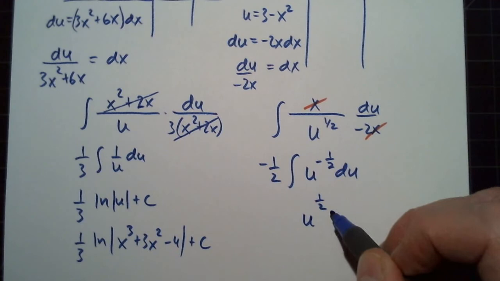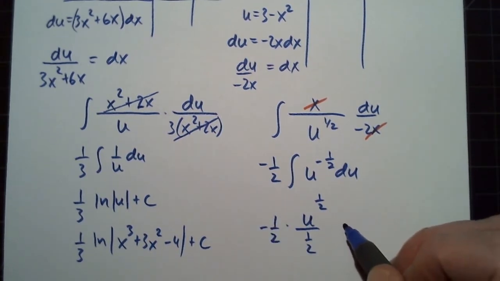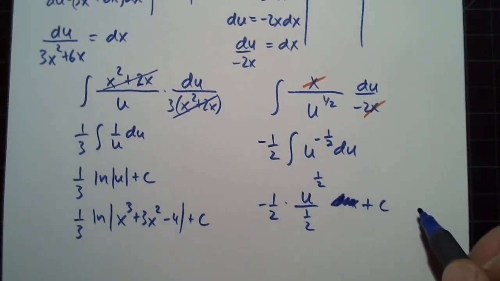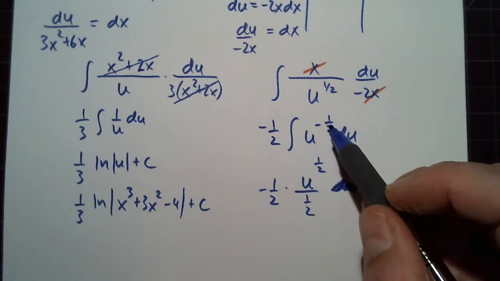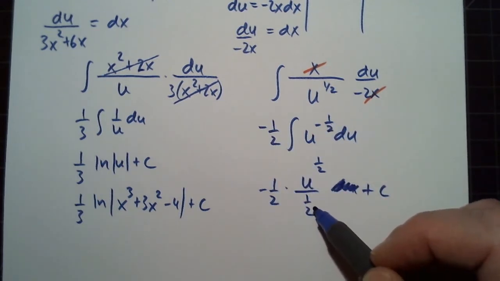Add 1 to the exponent and divide. 1/2 divided by 1/2, that cancels.